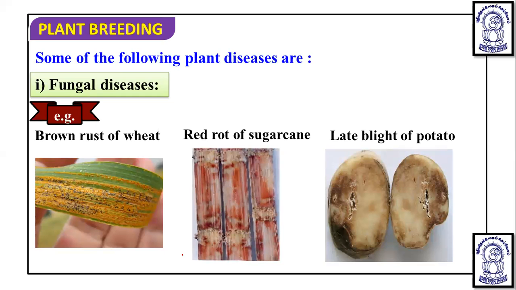So brown rust of wheat is caused by Puccinia recondita.